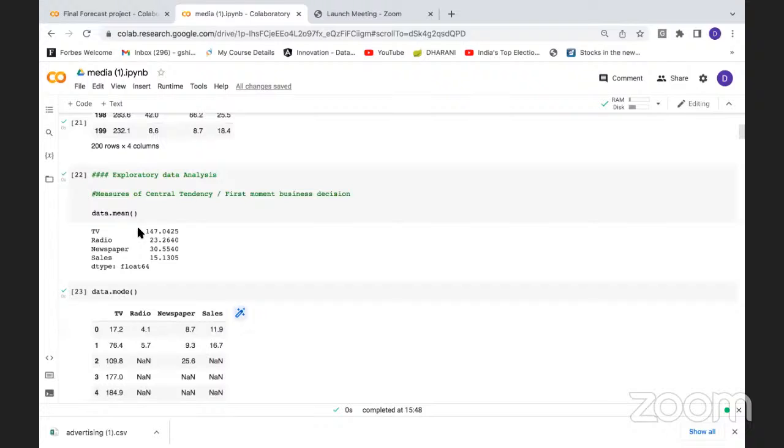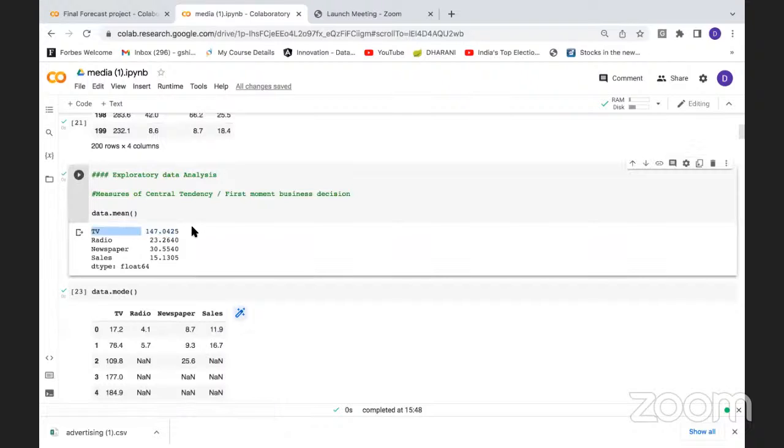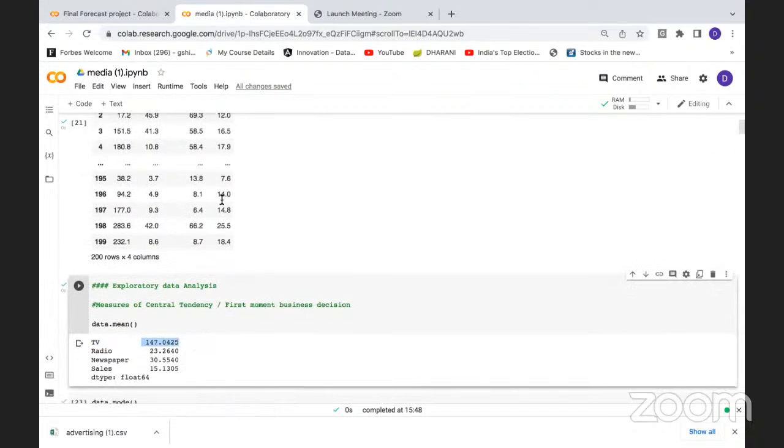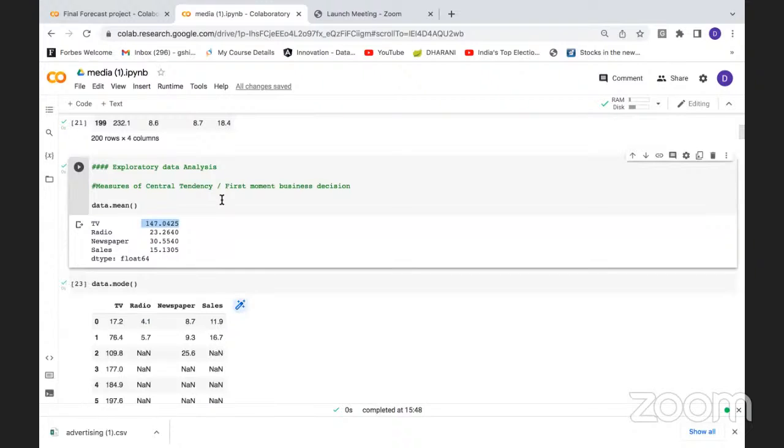If you take the mean, TV definitely has a huge amount. You are spending so much, maybe it is telecasted every 1 hour or every 2 hours. That's why the average is 147. Whereas on radio and newspaper, the cost is lower.